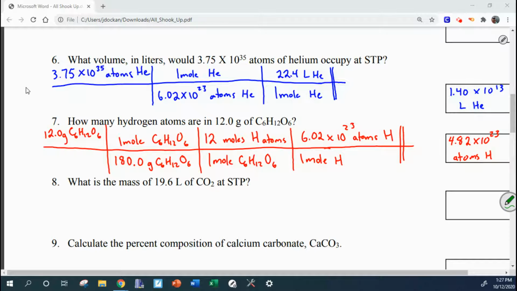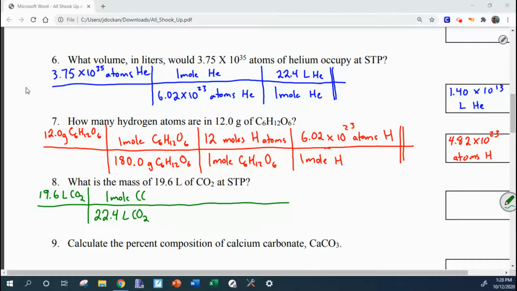What is the mass of 19.6 liters of CO2 at STP? So I'm going to start with 19.6 liters of CO2, carbon dioxide, at STP, the standard temperature and pressure. 0 degrees Celsius, 1 atmosphere. 22.4 liters of CO2 on bottom, 1 mole of CO2 on top.